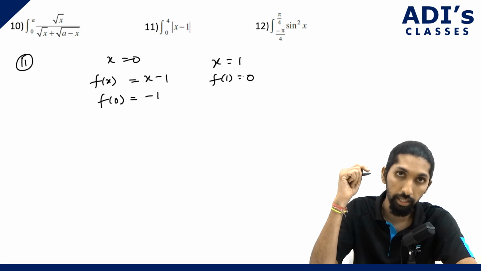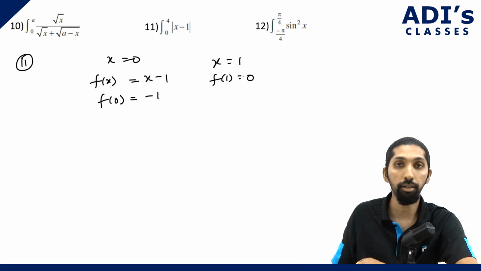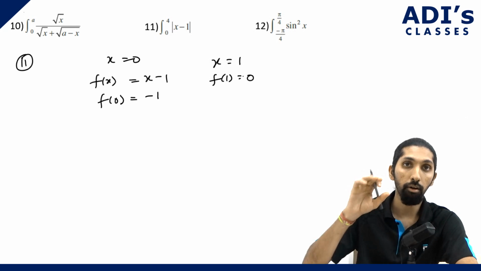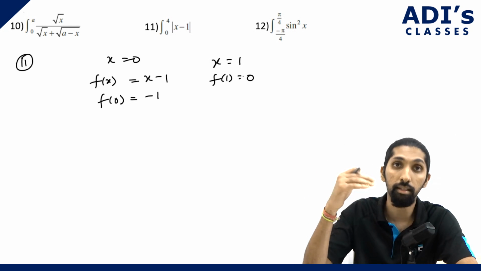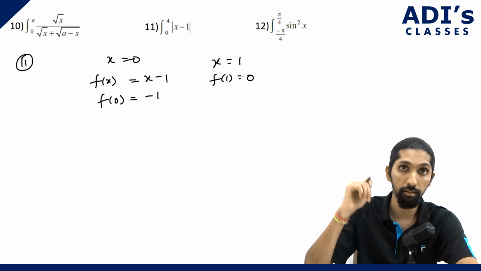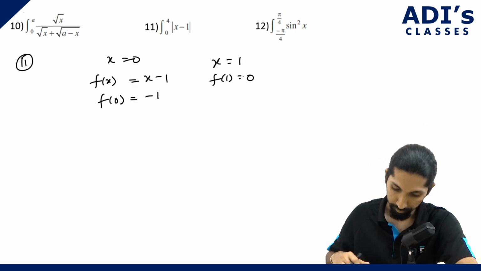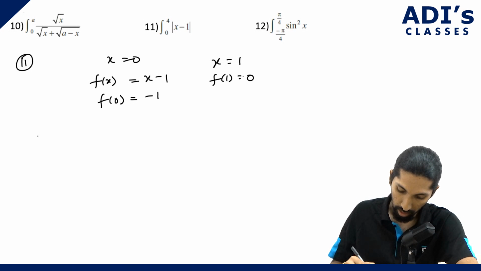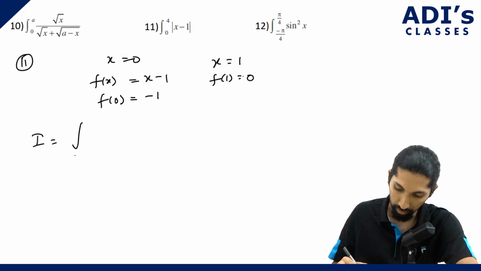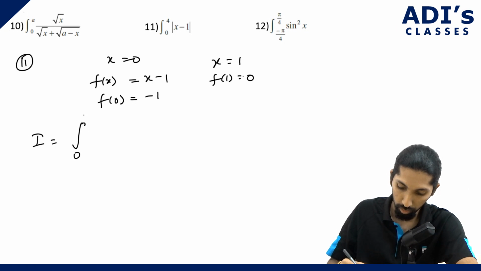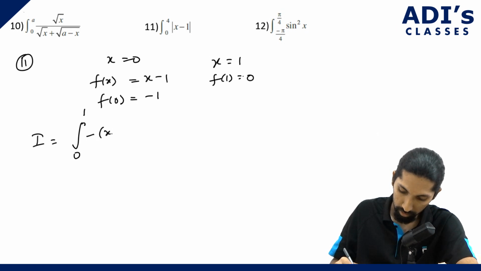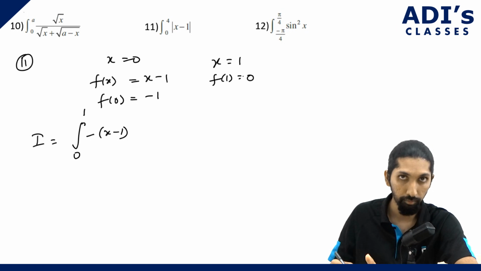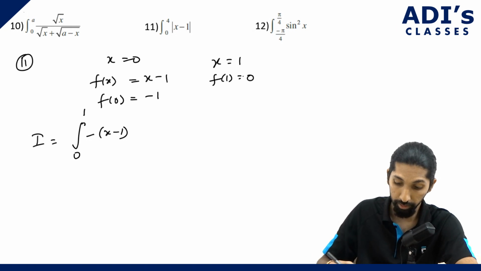Correct? So what we are going to do now is split the integral, so we are going to take the integral within that particular limit. That is, I is equal to integral from 0 to 1 of minus of x minus 1. Correct? That's what we were doing till now.